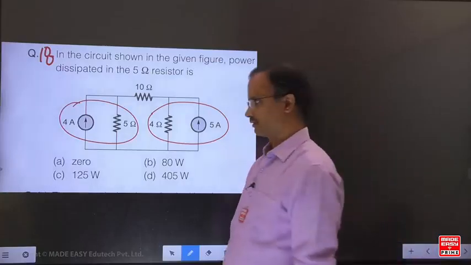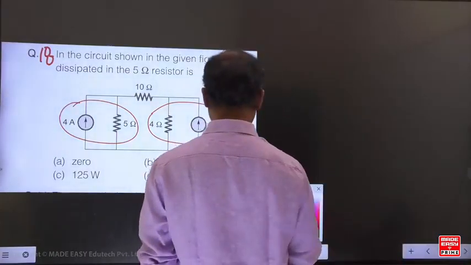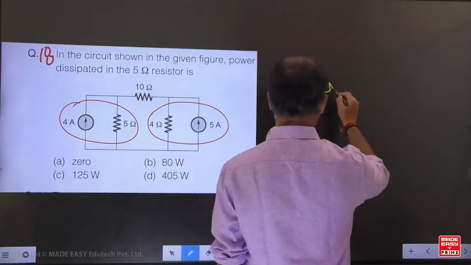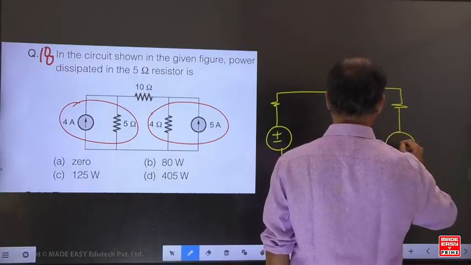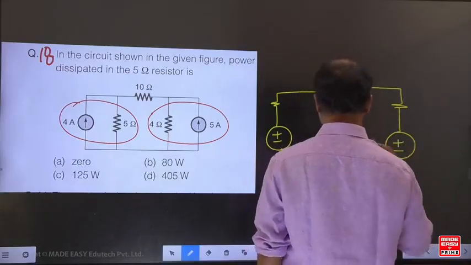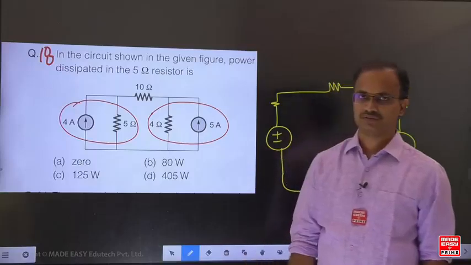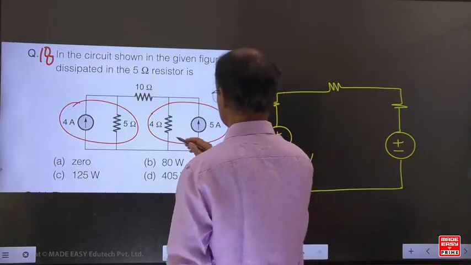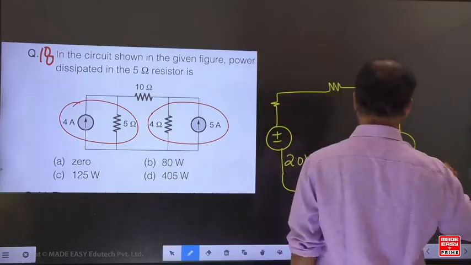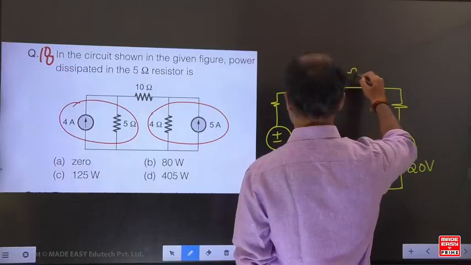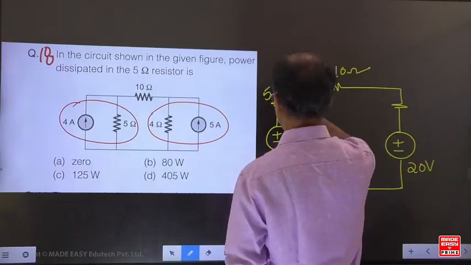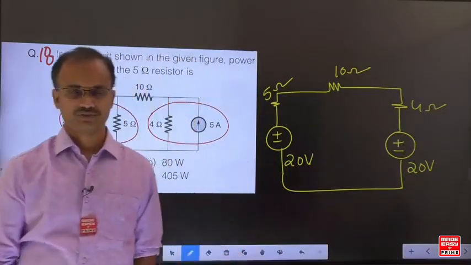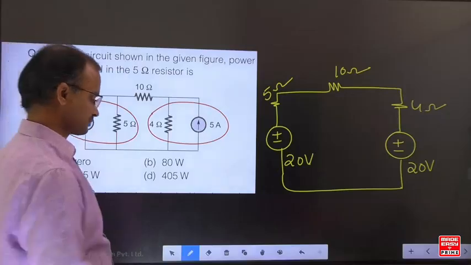Can you convert each current source into a voltage source? 4 and 5 means what is the voltage? 20. Then the 10 ohms, the 5 ohms and the 4 ohms. I converted each current source into a voltage source.